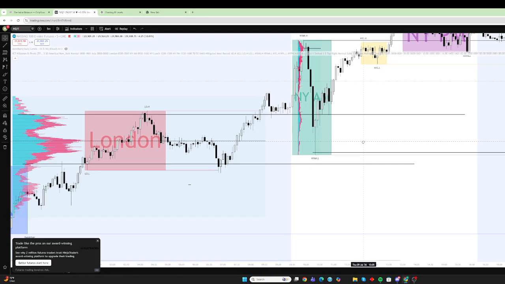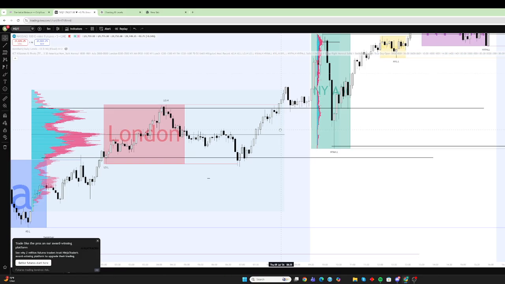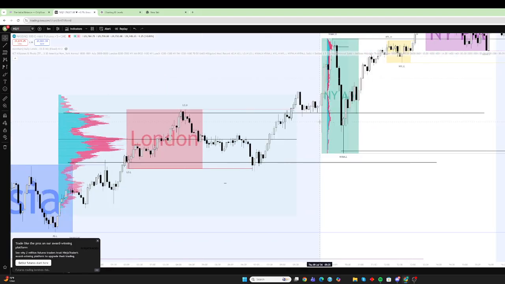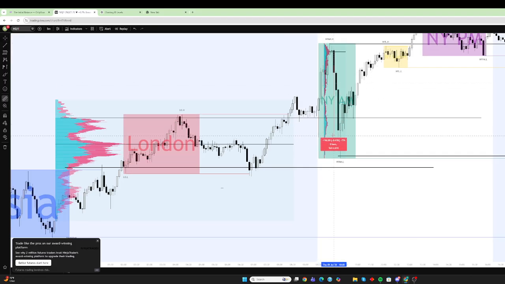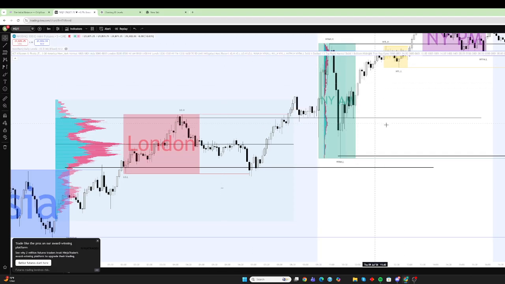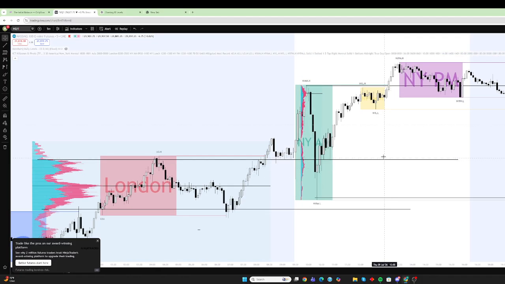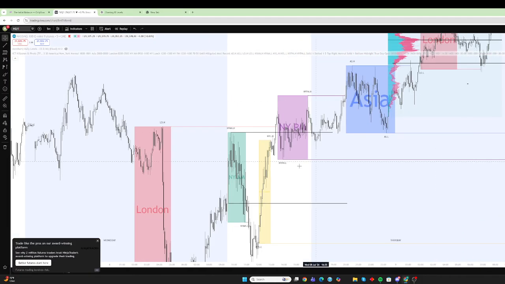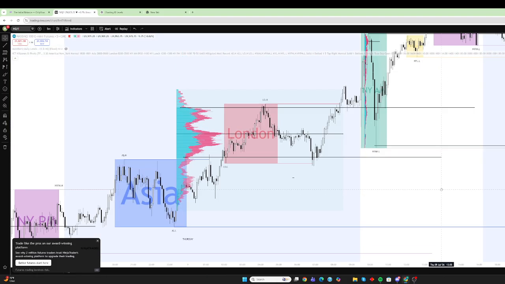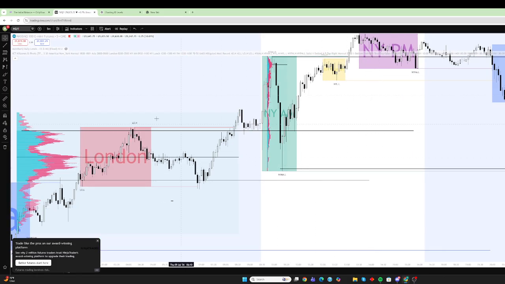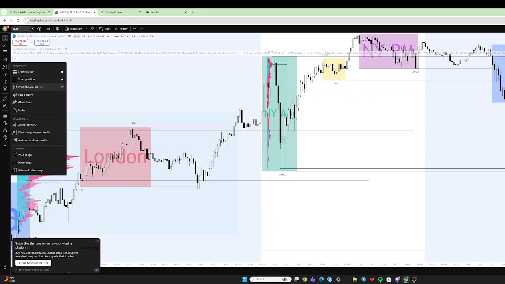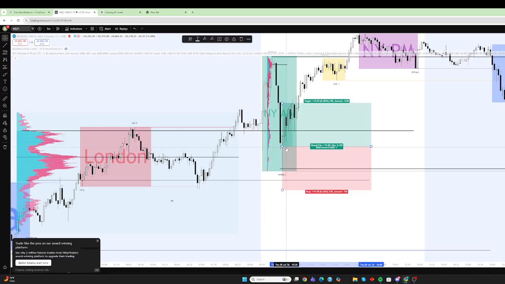Very important confluence, so we can use the POC plus this pullback model into the value area high plus the POC plus accepting above yesterday's IB session high. We can definitely use this setup to go higher.